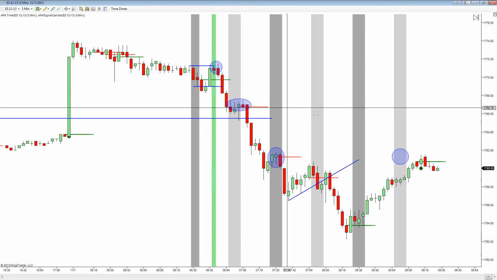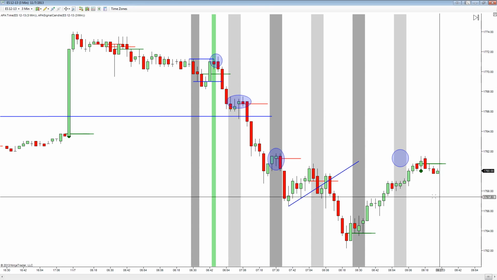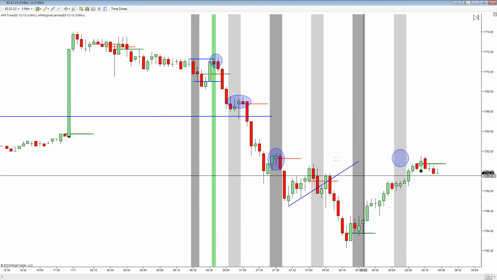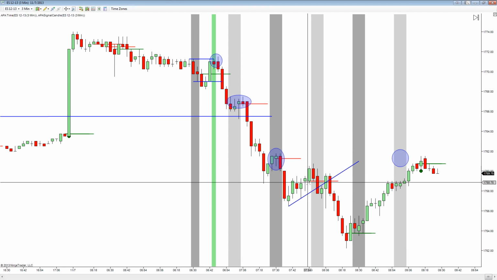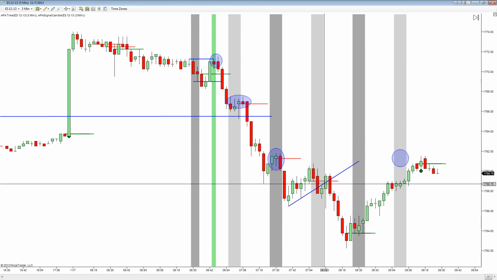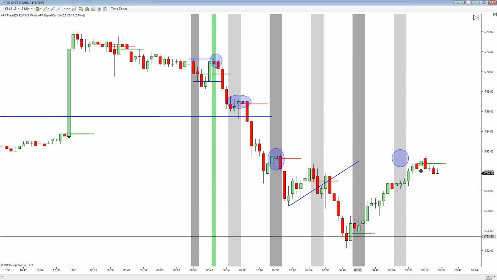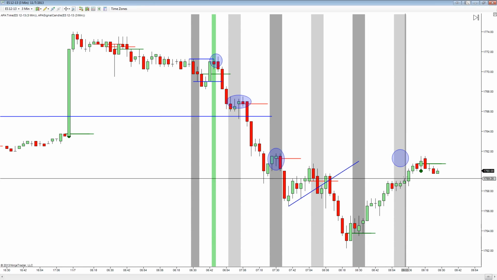I'm looking for engulfing patterns and things of that nature to give us the entries. And when I say engulfing patterns, I mean usually the low of a green bar needs to be exceeded. So you can see the short play that lined up there, or the long play that lined up there.